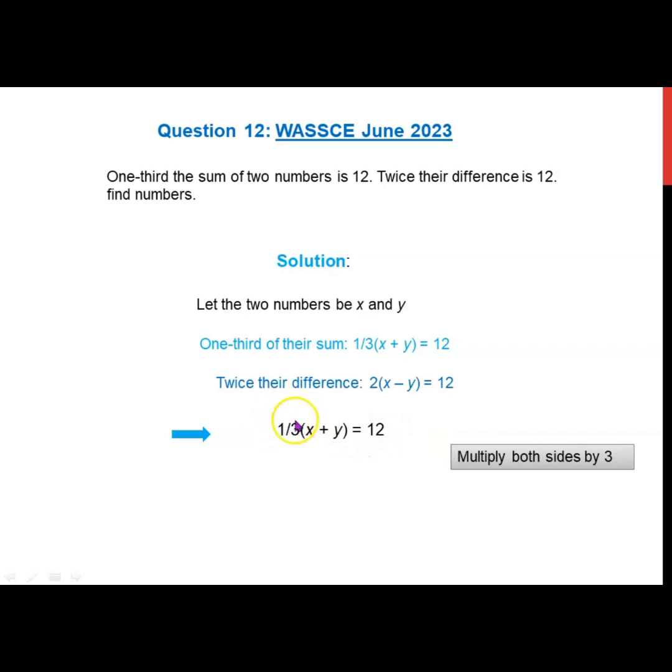Multiply the left hand side by 3 and the right hand side by 3. This 3 will cancel out, so we have x plus y equal to 36, because 12 times 3 is 36. We can call that equation 1.